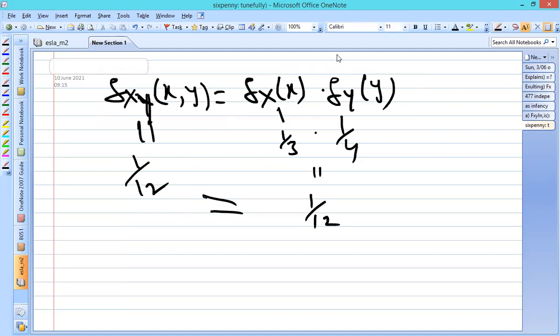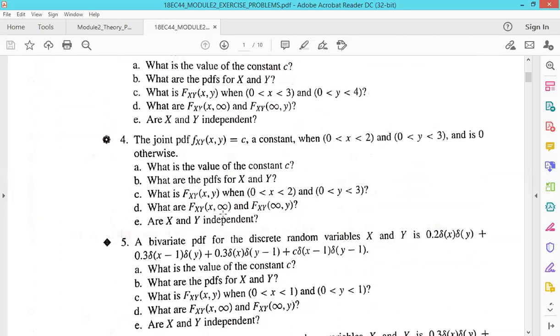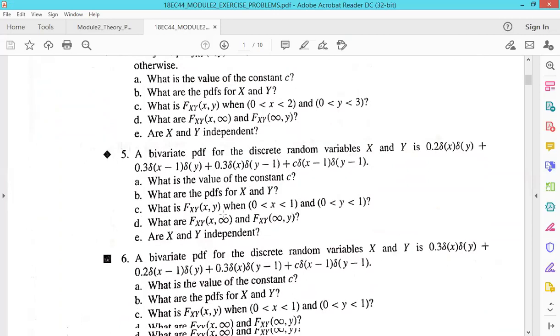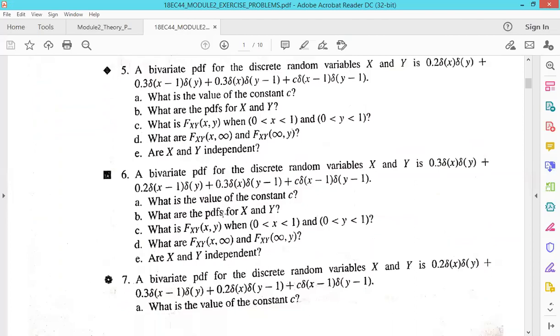And next, we'll take up the next problem. The fourth problem is also similar. You can take that as an assignment and solve it. Take up the fifth problem. A bivariate PDF for the discrete random variables x and y is defined by 0.2 delta(x) delta(y) plus 0.3 delta(x minus 1) delta(y) plus 0.3 delta(x) delta(y minus 1) plus c delta(x minus 1) delta(y minus 1).